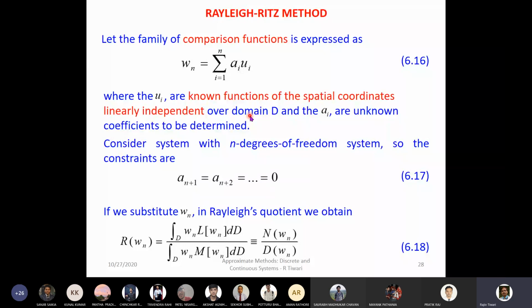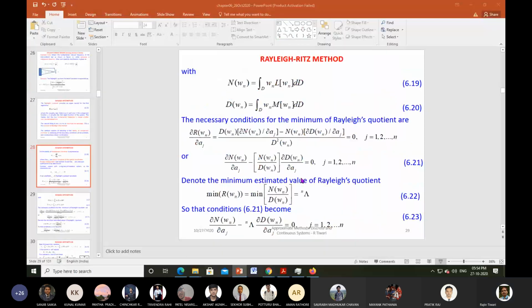That gives us n number of eigenvalues and associated coefficients, which can be used for finding the natural frequencies, and those coefficients can be put here to get the shape of the vibrations corresponding to different eigenvalues. So I'll stop here.